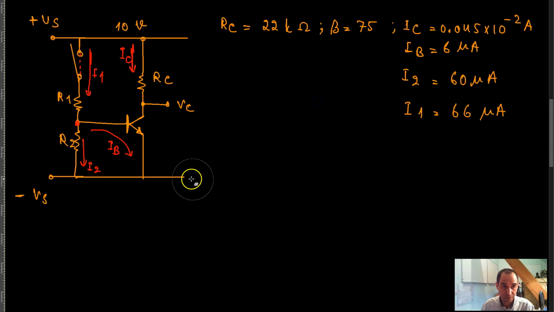So as a result, we have all the currents that we need. We can now calculate the resistors.